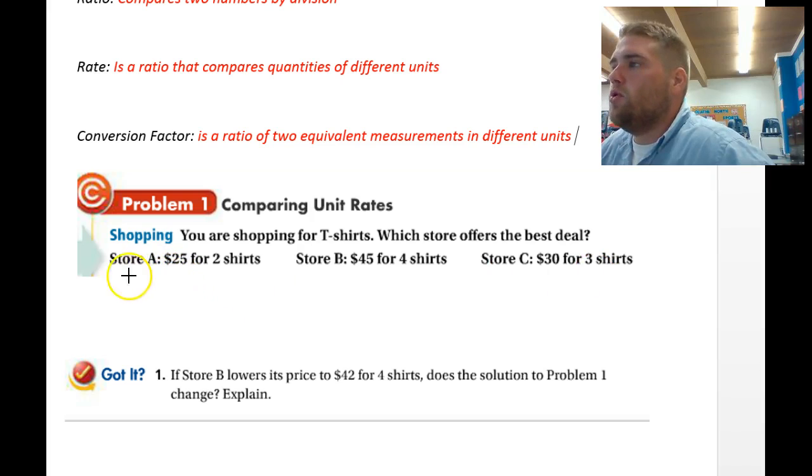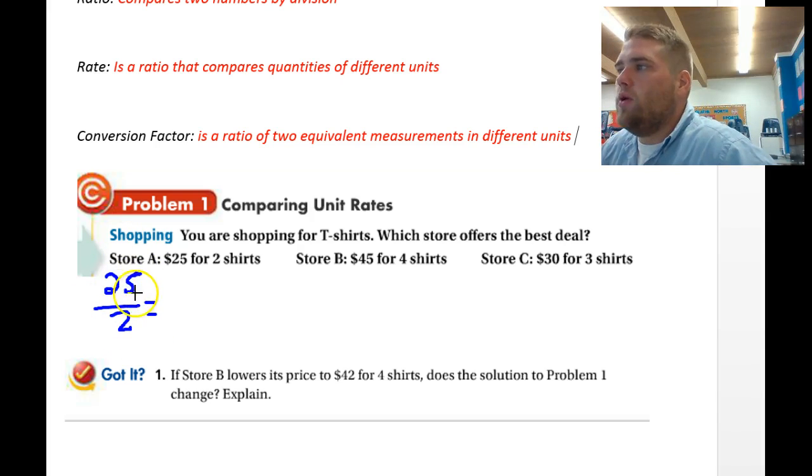Okay, so store A is $25 for 2 shirts. When we break that down, that's going to be $12.50 for 1 shirt. So this is our ratio, 12.5 over 1.